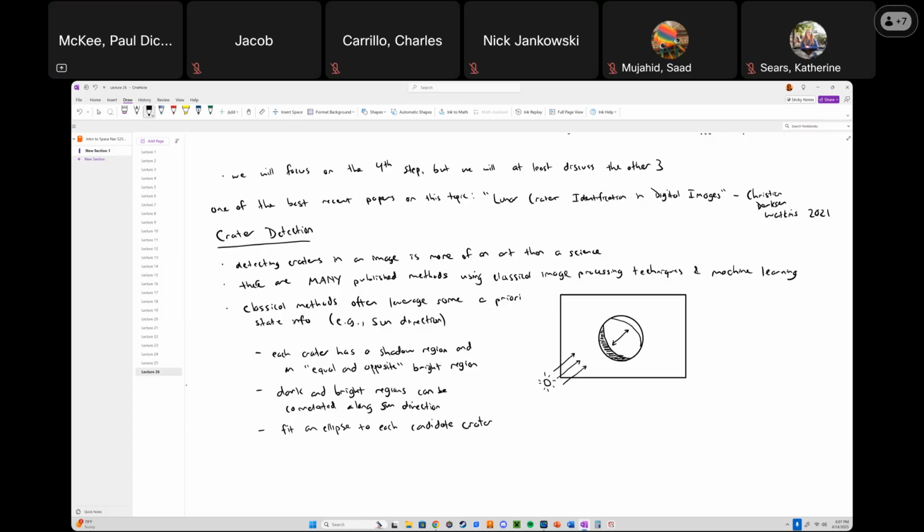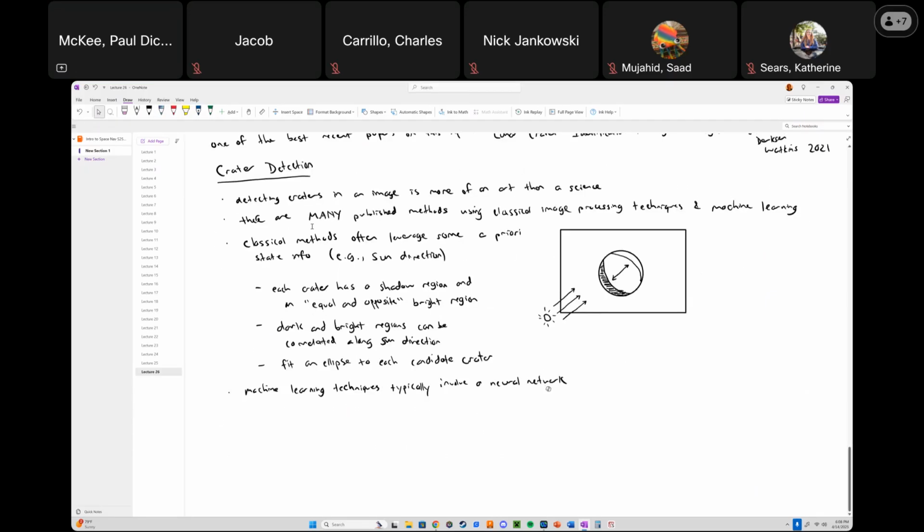Another method is machine learning techniques, which typically involve a neural network. And if I'm allowed to give my opinion, this feels like a neural network problem. This feels like the sort of thing that neural networks were built to do. I'll draw a little sketch here too.